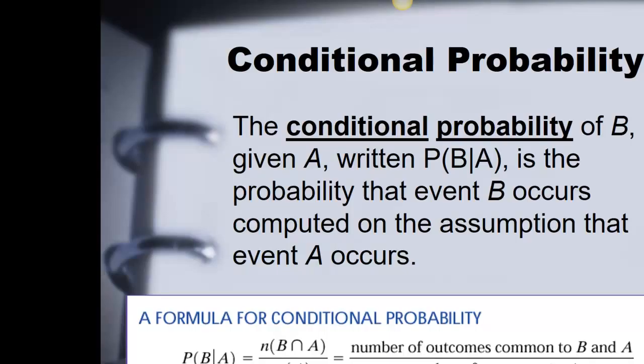So here's our formula for conditional probability. P of B given A. So you're saying the number of outcomes common to B and A all over the number of outcomes in A.